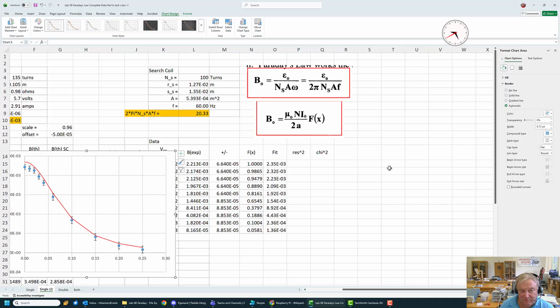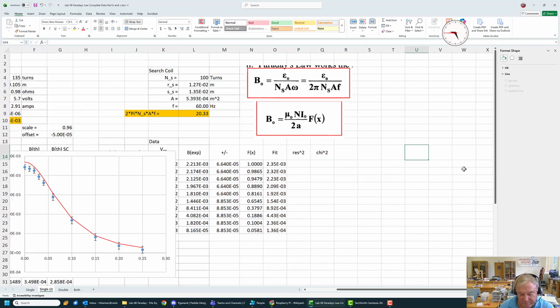And we could see what could happen. So fit parameters. Font.